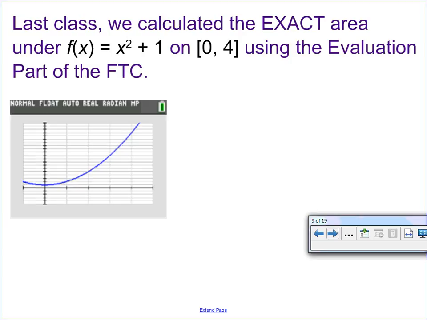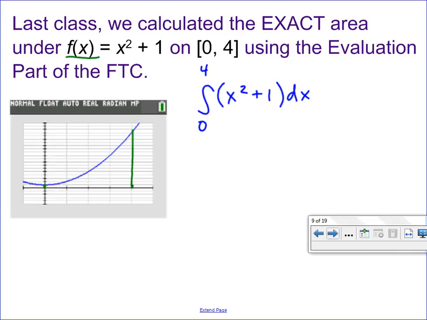So let's find the exact area on 0 to 4 between the function f and the x-axis using the evaluation part of the fundamental theorem of calculus. Well, I know that exact area is represented by a definite integral: the integral from 0 to 4 of x squared plus 1 with respect to x.